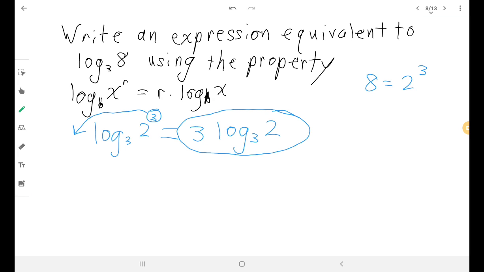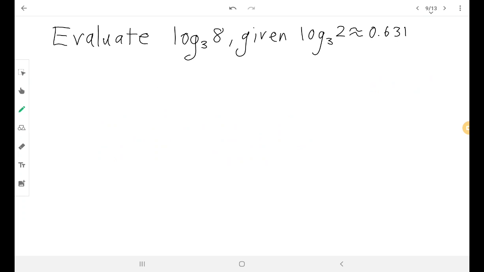I'll pause for a moment, let you look at that, see if there are questions. There being no questions, I'll move on. All right, so now let's use that knowledge and an approximation for log base 3 of 2 to evaluate log base 3 of 8.